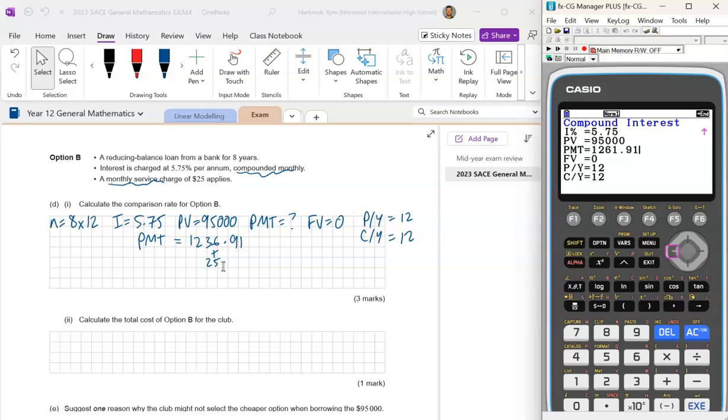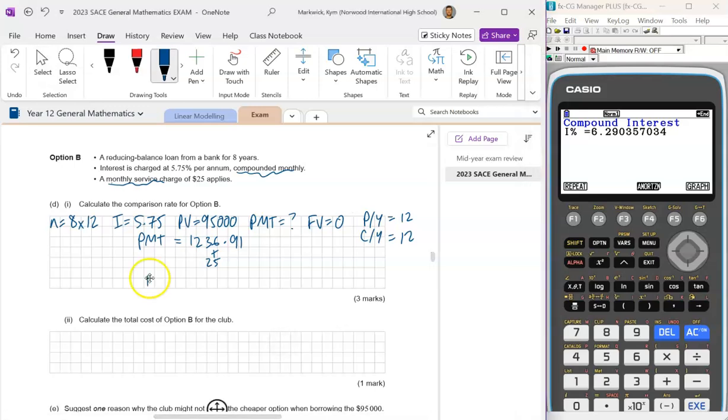But remember, because this is an outgoing, okay, we're paying it into the loan every month, this should be a negative amount, so put in the minus there. Okay, that then will tell us the interest rate, or the comparison rate, if I ask it to by pressing F2. So the comparison rate here is actually 6.29%. Okay, so the comparison rate is 6.29%.